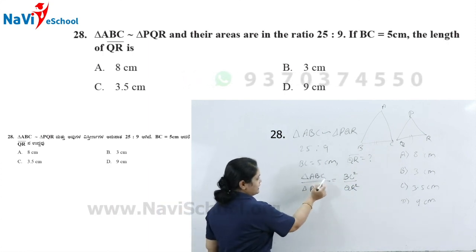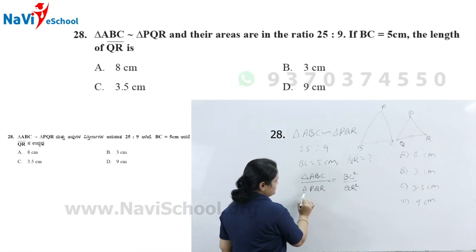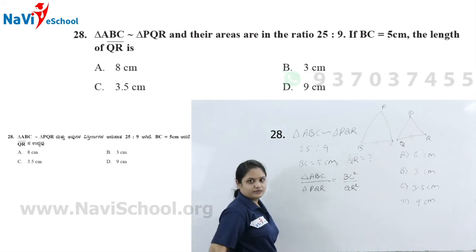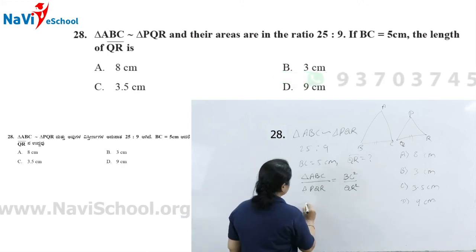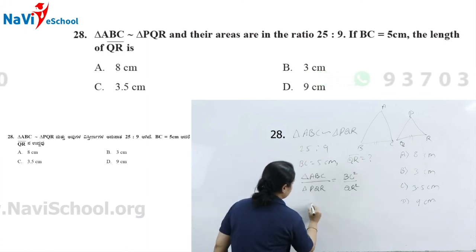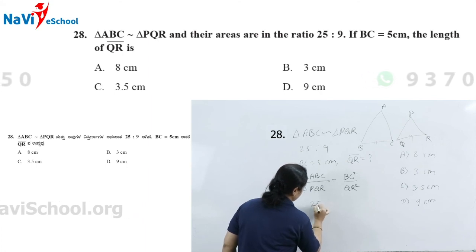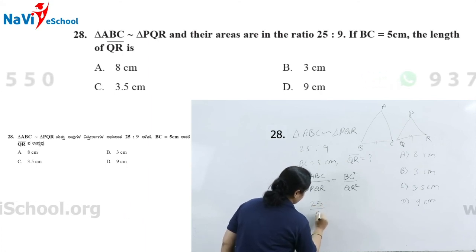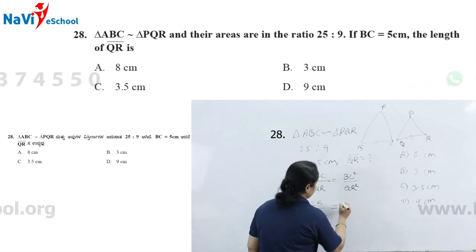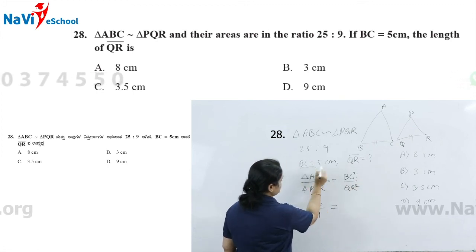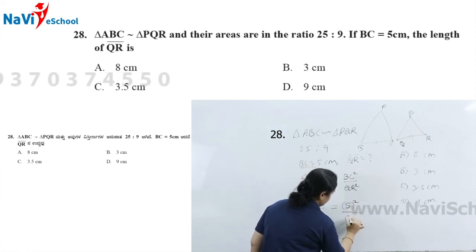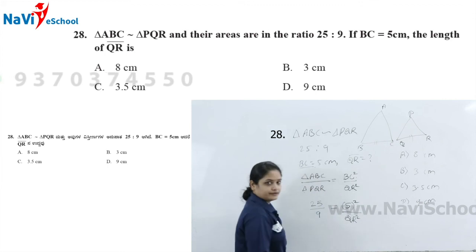So, triangle ABC divided by triangle PQR is equal to BC square divided by QR square. The areas are in the ratio 25:9, means 25 divided by 9 we can write. And BC is 5 centimeter, means 5 square divided by QR square as it is.